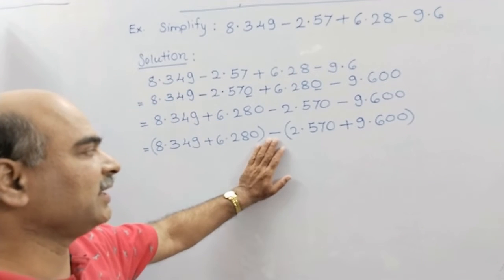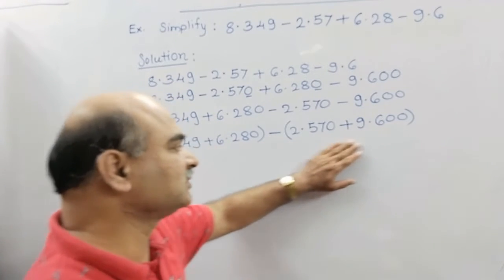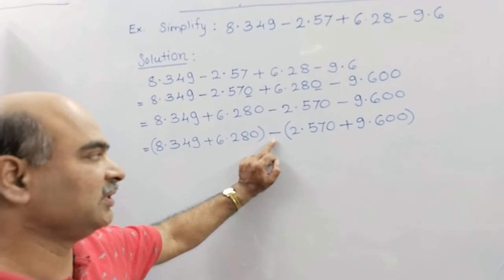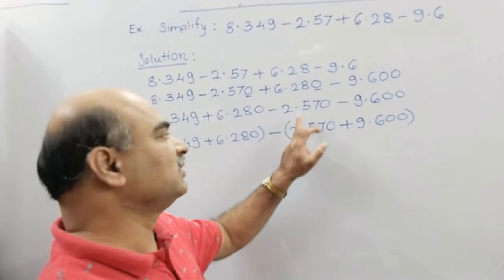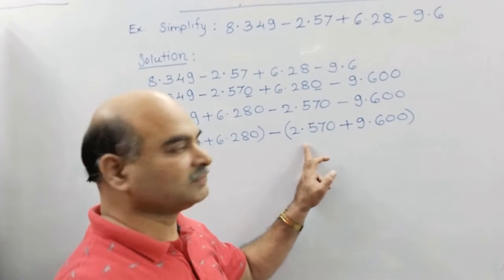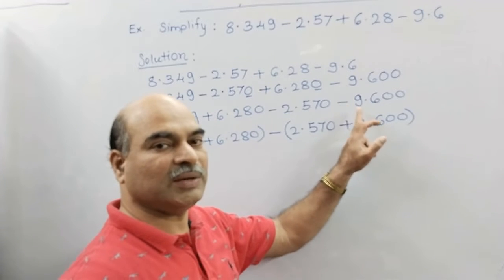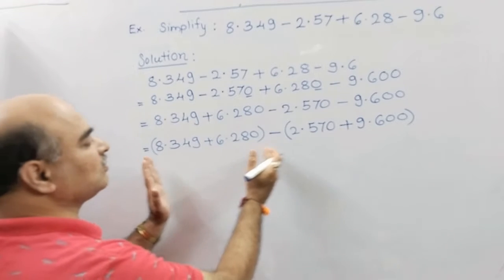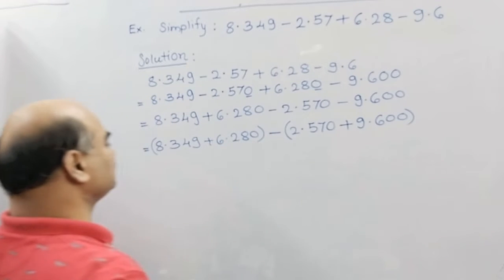Because when we make the bracket, we actually multiply these numbers by minus 1. So the negative 2.570 becomes positive, and negative 9.600 also becomes positive. Now we have two groups for addition.